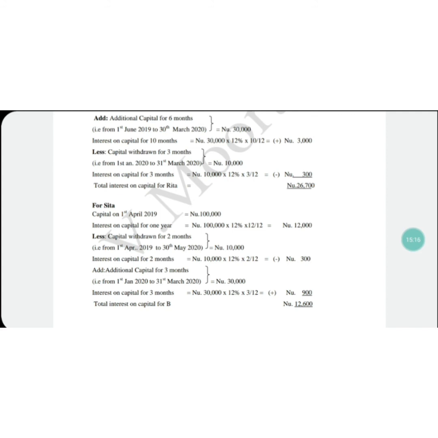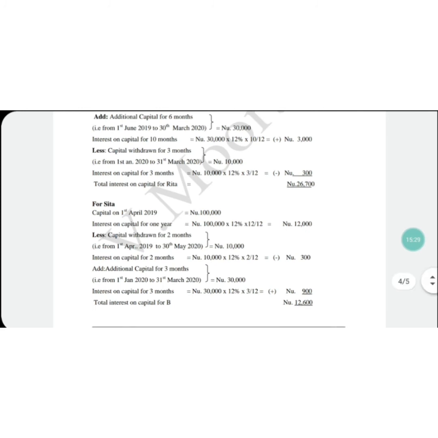Additional capital also has been introduced by Sita. They have introduced the additional capital on 1st January 2020, and it has to be calculated till 31st March 2020.